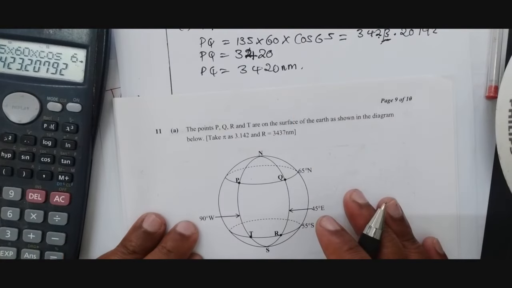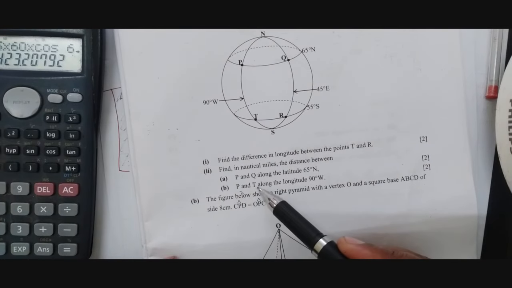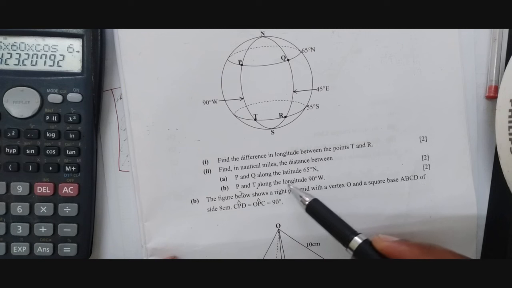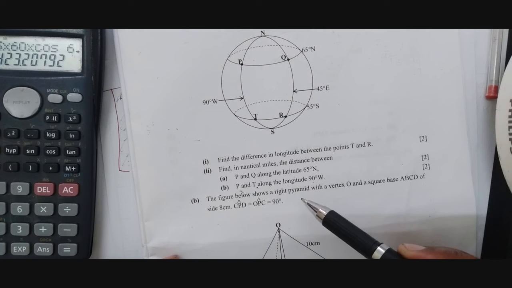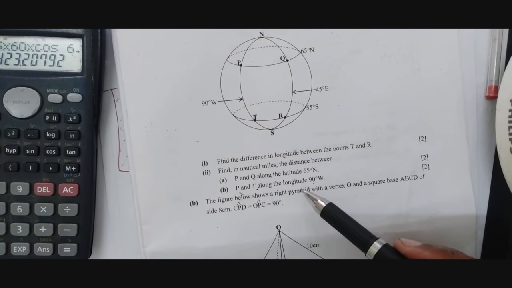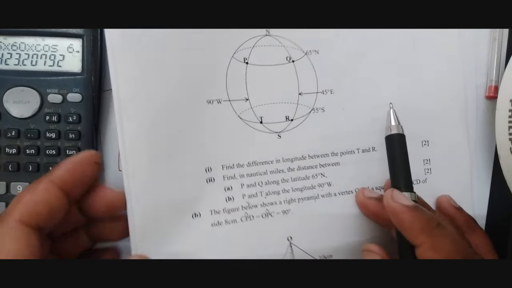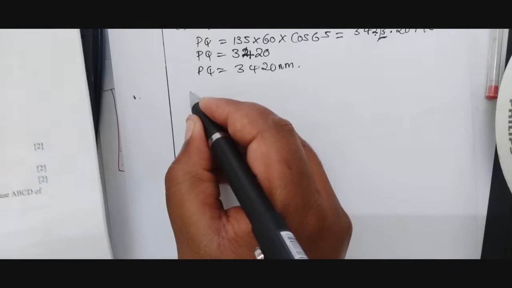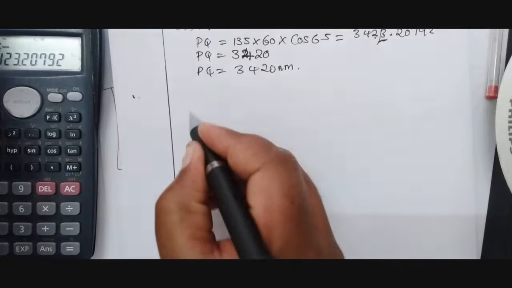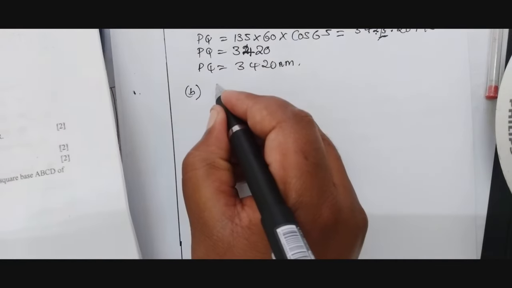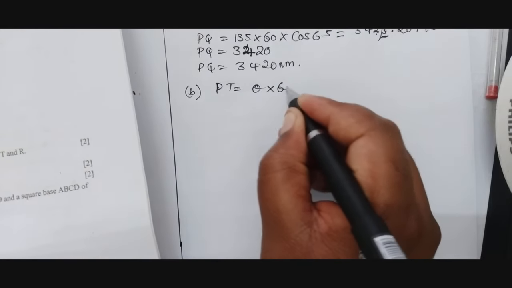Okay? Then the next one is what? We find the PT along the longitude of 90 degrees west, which is this one. Alright? So to find PT in nautical miles, you take note, this is A and that is B. So the one that we are dealing with is A, then here it is B. So say PT in nautical miles is given by theta times 60 minutes.